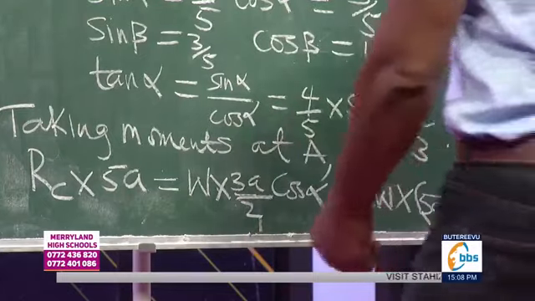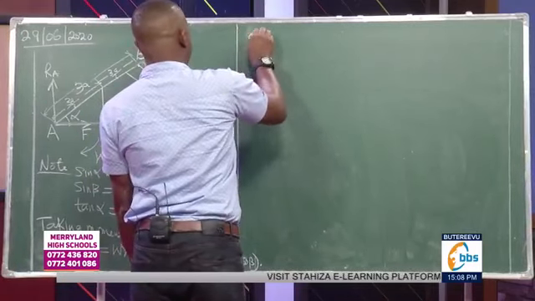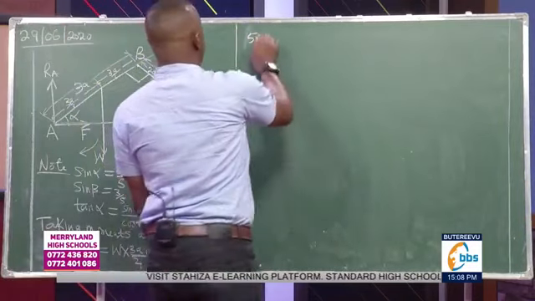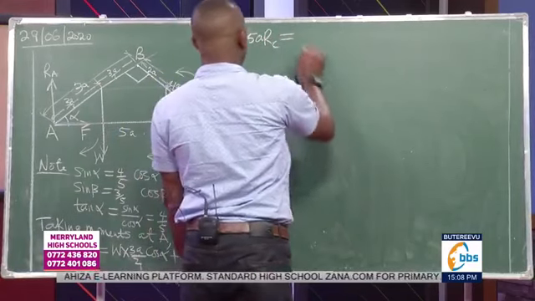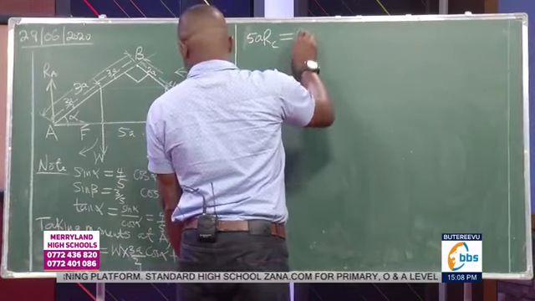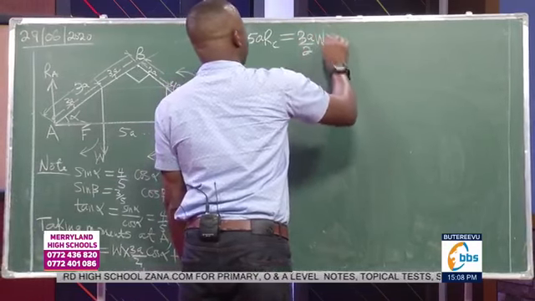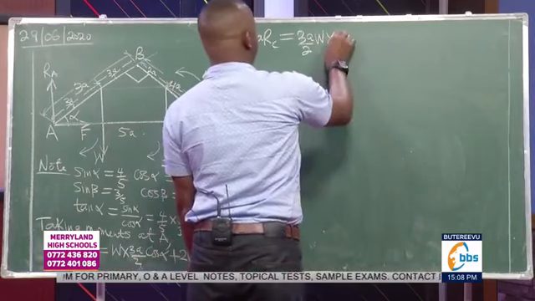And I will have my RC. Let us first substitute here. 5A RC will be equivalent to W times 3A over 2 times my cos of alpha, which is 3 over 5.